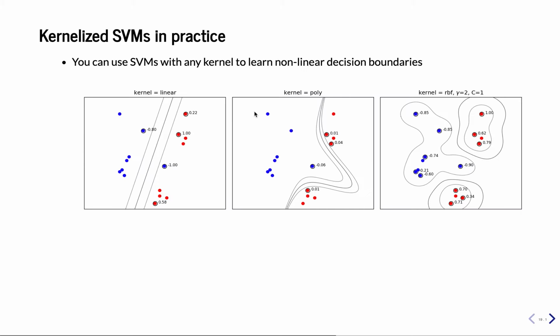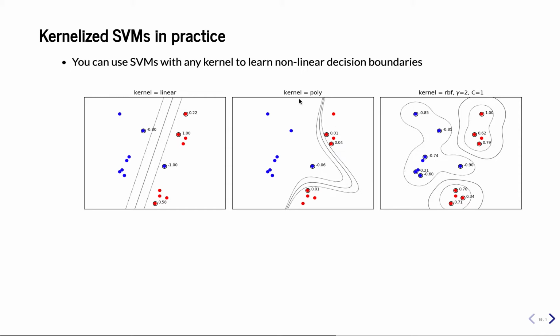Okay, so now we have seen 3 kernels, and we can basically choose whichever one we want when we want to use a support vector machine. We can use a linear one, we can use a polynomial one, which gives shapes like these, or we can use an RBF kernel.